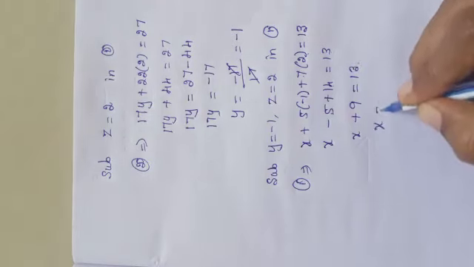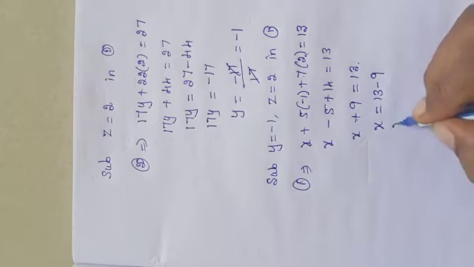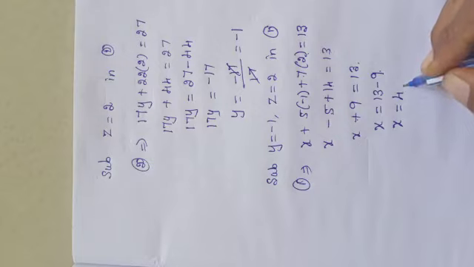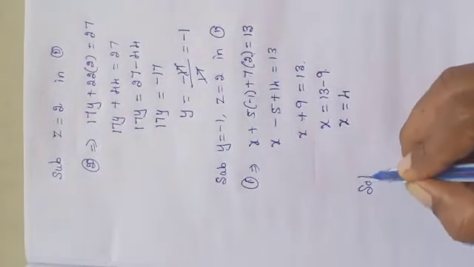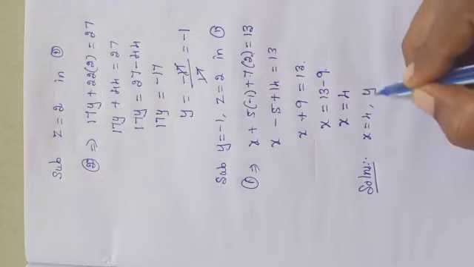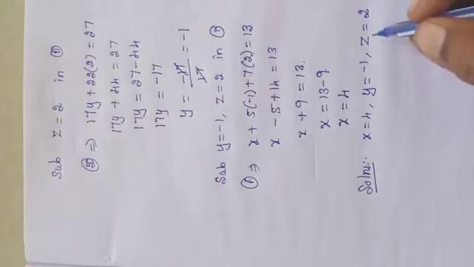So we may get x is equal to 13 minus 9, when it goes to the other side, minus 9. So we get x equal to 13 minus 9 is 4. Therefore, the solutions: x equal to 4, comma y is equal to minus 1 and z is equal to 2.